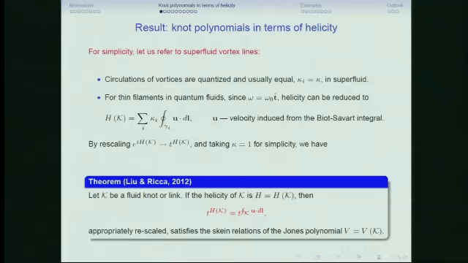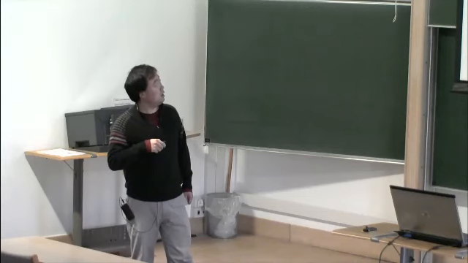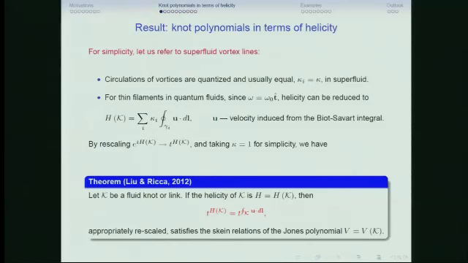Okay, for simplicity, we refer to superfluid vortex lines. Here, in this case, the circulations are usually equal. And for thin filaments in quantum fluids, helicity can be reduced to line integrals, where the velocity is induced from the Biot-Savart integral.